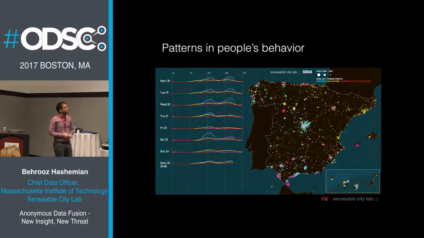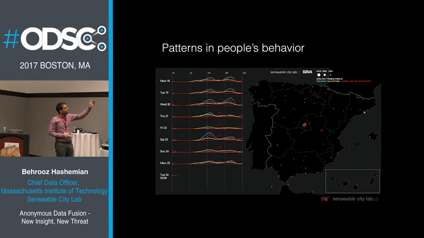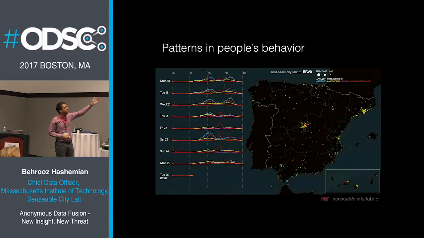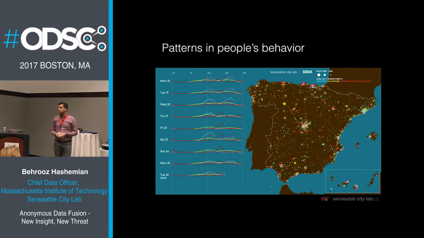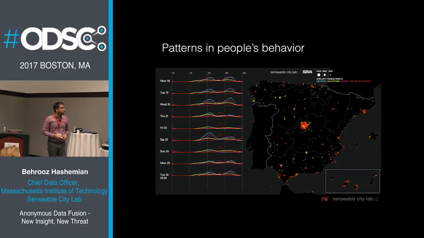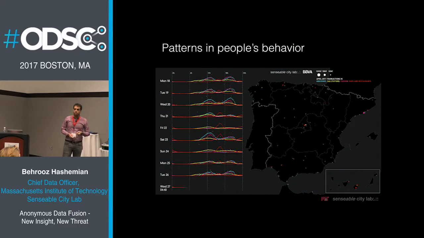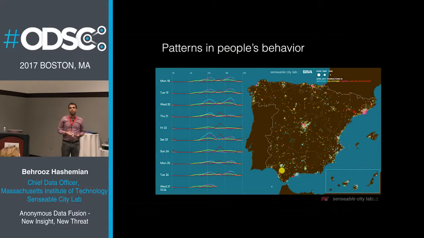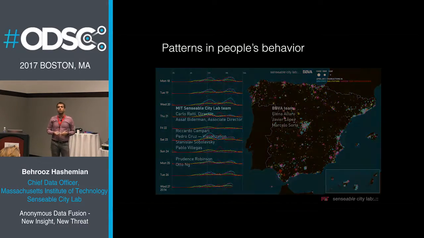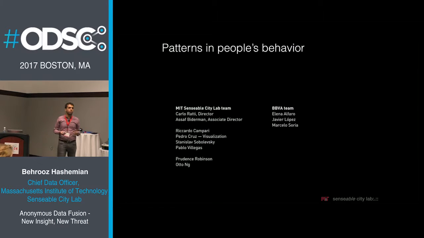And then after the holidays, it goes back to normal and the same patterns. This is an example of credit card transactions, and you see lots of regularity and patterns in what people are purchasing and how they behave at specific times and specific events.